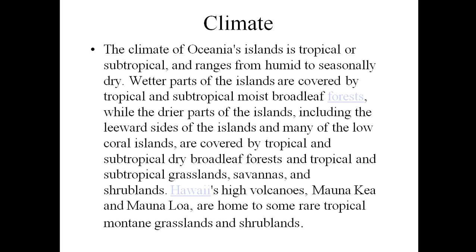Even the climate of this Oceania island is tropical or subtropical, seasonally varies from humid to seasonally dry. Where all the wetter parts are there, the islands are covered by tropical and subtropical moist broadleaf forest.